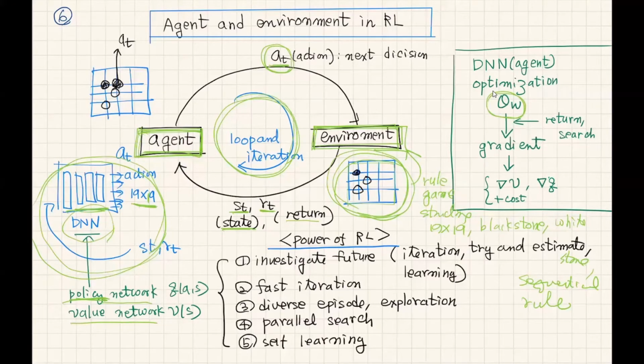These parameters have to be optimized to make the best decision, and we're going to apply the gradient descent method, the gradient of the policy network or the gradient of the value network. By applying the gradient descent method to the policy network and value network, we can train this DNN, that is the agent, to be as smart as possible.